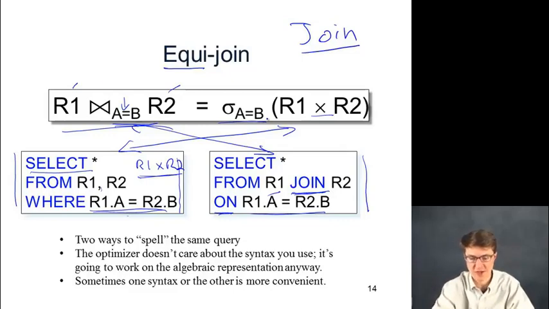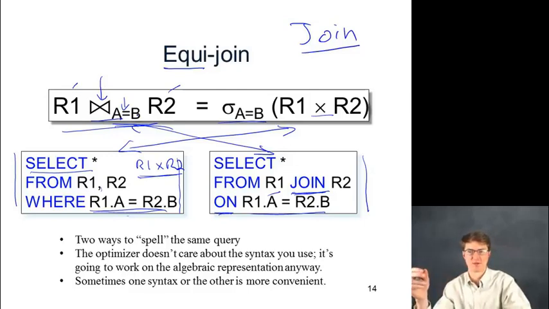In fact, the only reason why in the algebra, remember the algebra has a formalism, maybe you don't care so much about deriving new operators. As long as you can express the thing, it doesn't matter. There's so much work and there's so many good algorithms for implementing join that it deserves its place as a specific operation. We don't want to have to write cross product followed by a select when we're actually talking about efficient join algorithms.